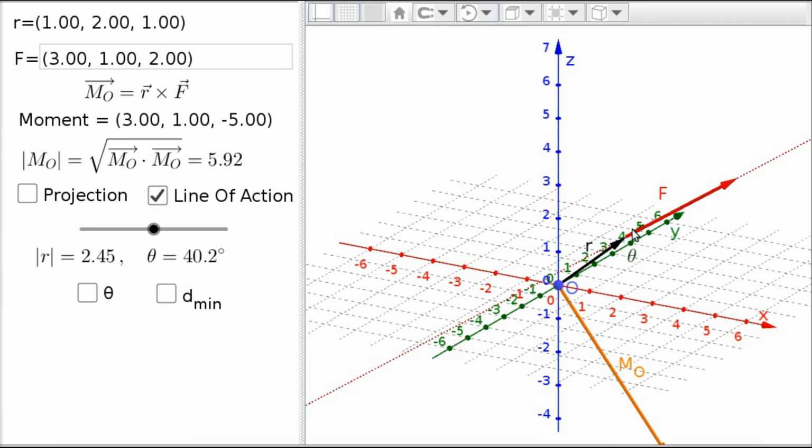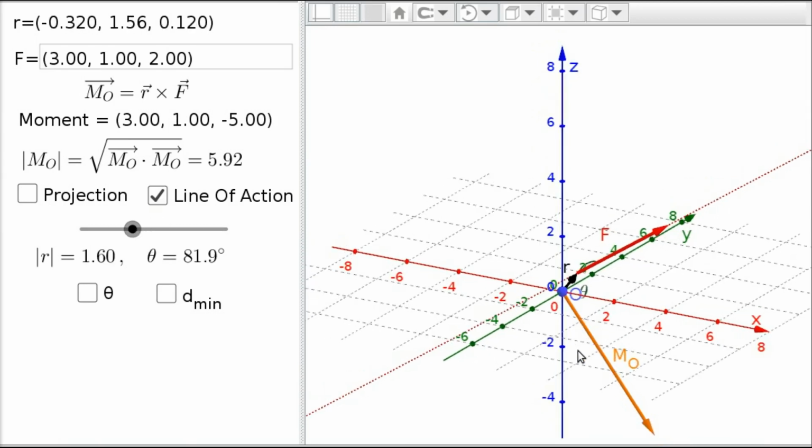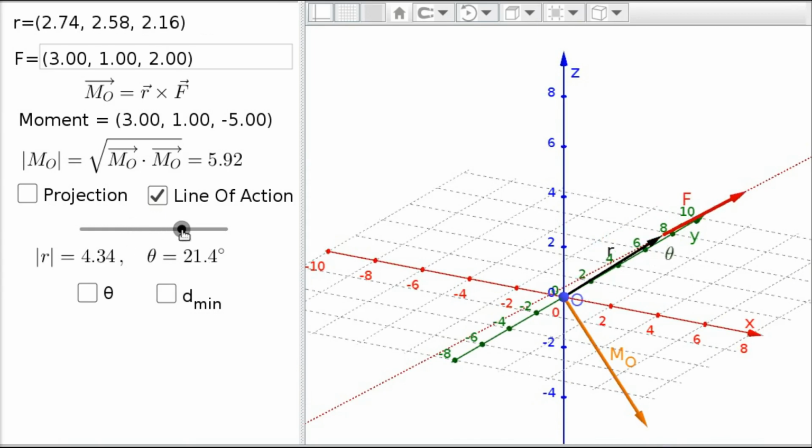You can't see much of the angle in this view, but now if I move this vector along its line of action, we'll see that our r vector changes as we move, because we're changing the position, but we notice that the moment vector doesn't change. It stays the same as we move all the way along this line.